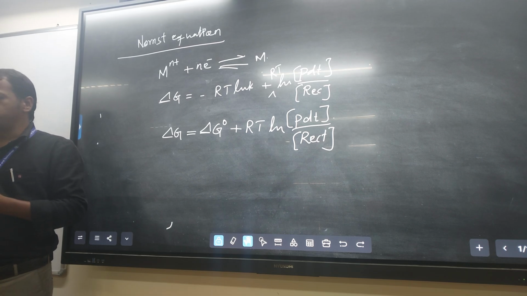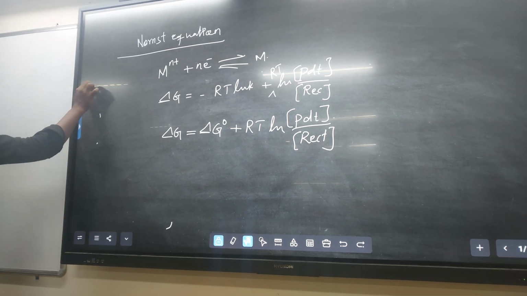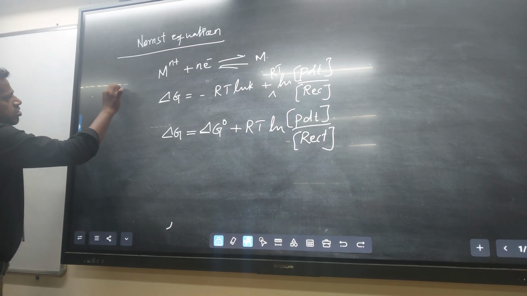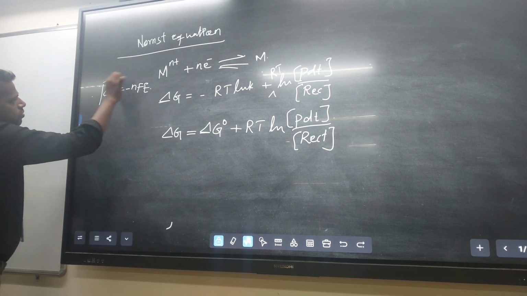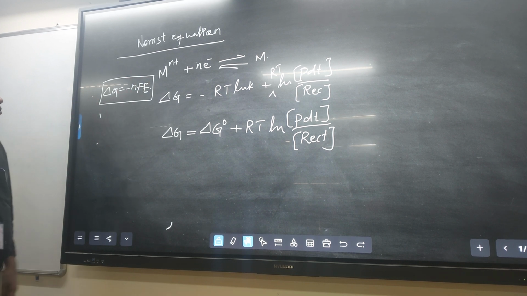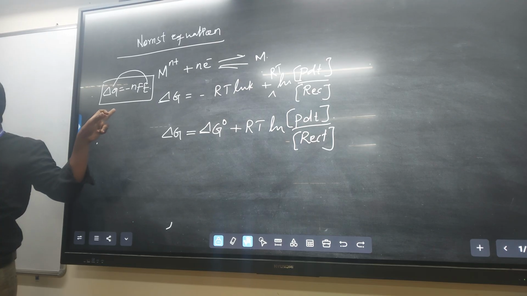You remember any equation? Delta G versus E. Which means delta G equal to minus NFE. That you know, right? Delta G equal to minus NFE. That is the only relationship between delta G and E.